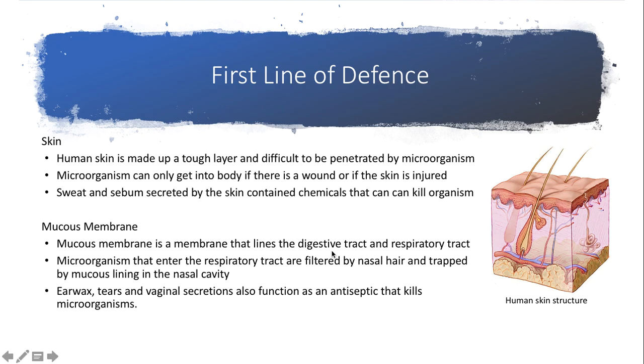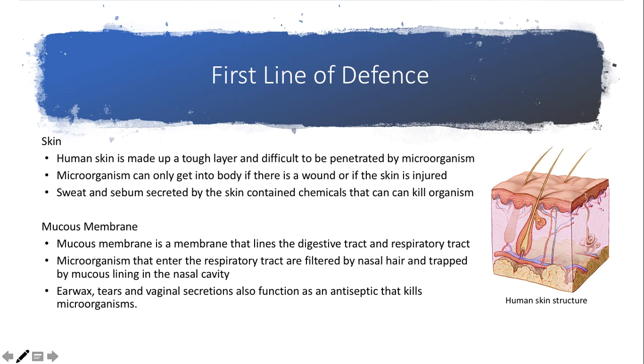For digestive tract, usually our digestive tract ada mucous membrane, mucous lining dekat esophagus, dekat stomach. Stomach ada acid juga. Acid tu pun can help kill the microorganism, our intestine and so on. So mucus ni helps to trap the microorganism. Dia tak boleh pergi mana-mana kalau dia dah terperangkap dalam mucus kamu.